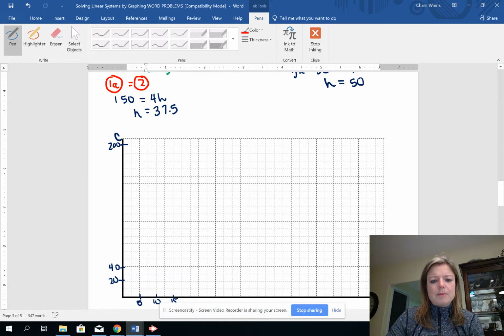So I'd have to keep going up. So at 50: 5, 10, 15, 20, 25, 30, 35, 40, 45, 50. So at 50, she is at 200. Okay, and she starts at 0, 0.